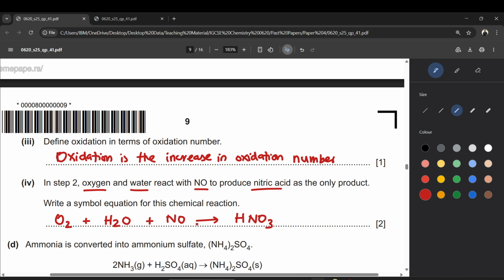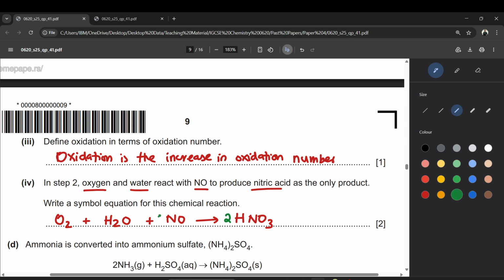Now we have to balance it. We have one nitrogen on the left, one nitrogen on the right. Then we have two hydrogen on the left, and only one hydrogen on the right. So I'm going to add two over here. Because of this two, hydrogen becomes two, but nitrogen also becomes two, right?